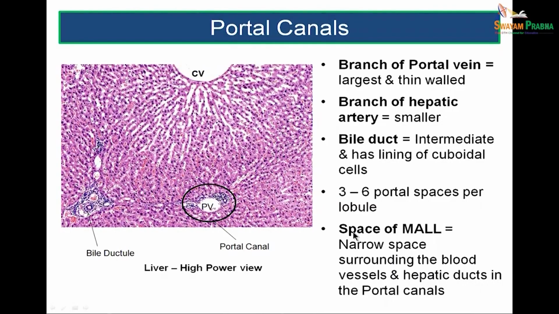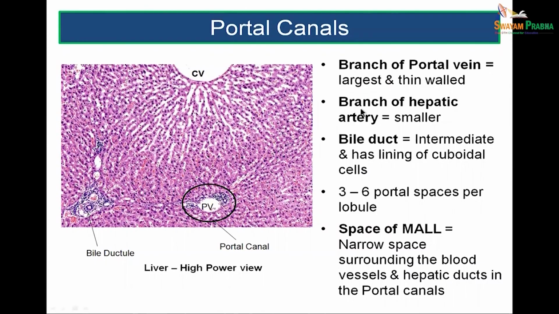Let's look at a little more detail of these portal areas. There's a small space around these portal areas which is called the space of Mall. It's a narrow space surrounding the blood vessels and the hepatic ducts in the portal canals. We need to know how to differentiate the vessels in the portal triads.